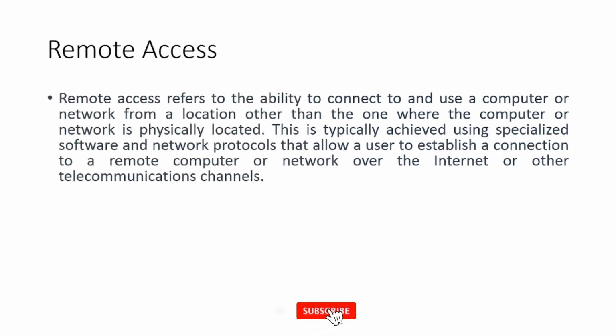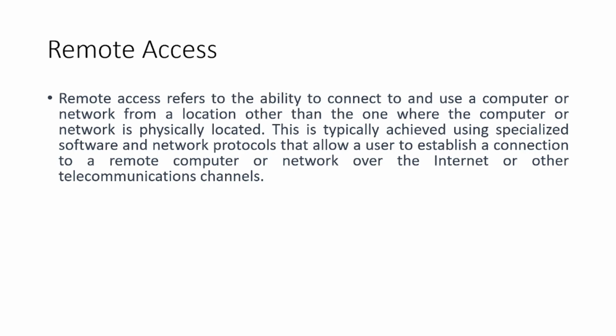Let me see the theoretical part of remote access. If you want to connect your PC, you must have a network connection, because you need to access the resources from one location to another location, which means a location other than where the computer or network is physically located.